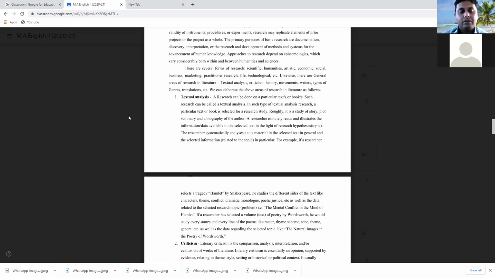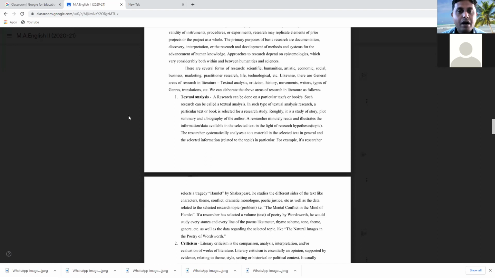When that ghost appears in front of Hamlet, how does Hamlet behave? The impact of the ghost on the story of Hamlet. So I have to study the Hamlet text as far as the ghost is concerned. My study is related to the ghost only. So if I study the conflict in Hamlet, I have to study the conflict part in Hamlet's story only.